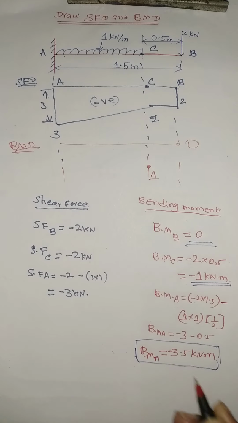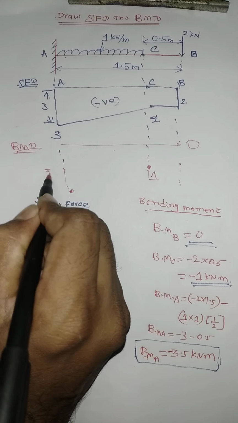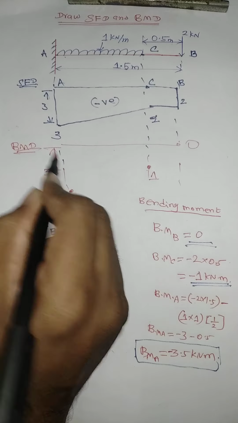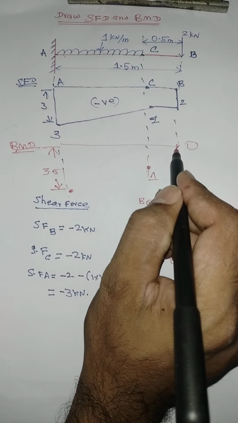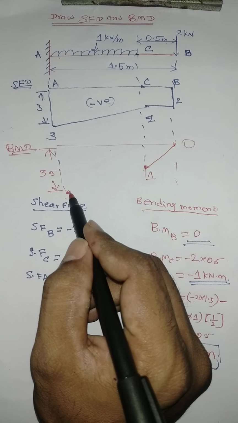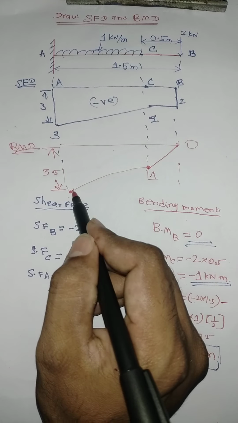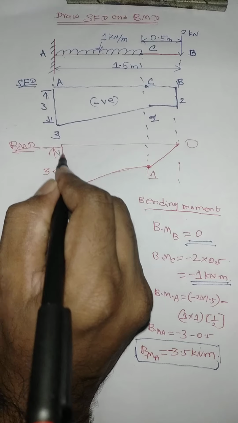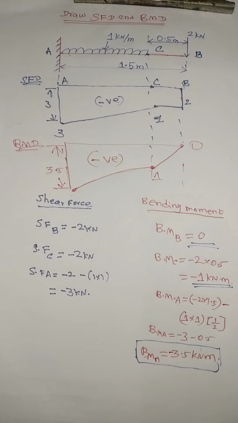Between them there is a straight line, and for the uniformly distributed load, draw some curvature. This is negative. This is the bending moment diagram for this particular beam. This is the shear force diagram and bending moment diagram of the particular beam.